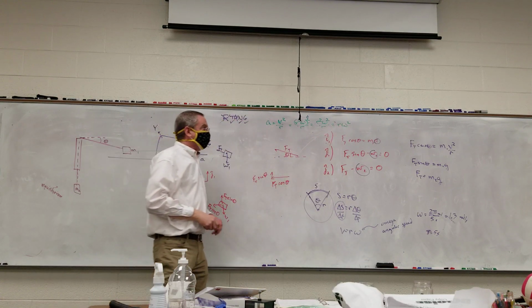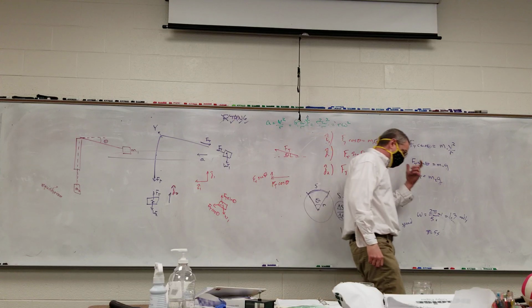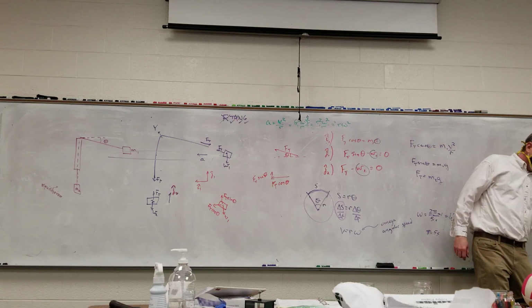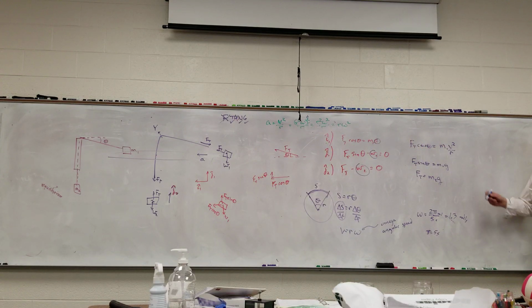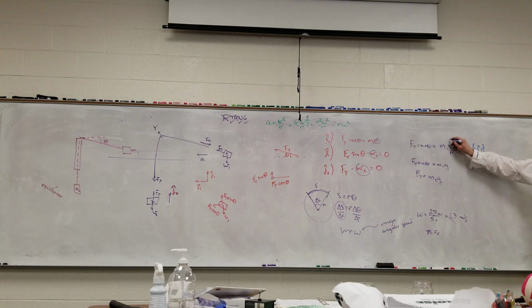So we have an alternate form for centripetal acceleration, M1 omega squared R instead of V squared over R. This actually is of great convenience.